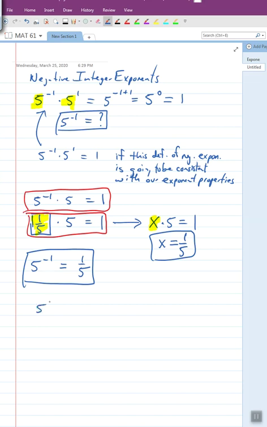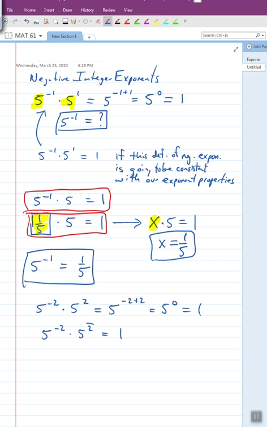Here, let's try another one. What's 5 to the negative 2 times 5 squared? Well, that should be 5 to the negative 2 plus 2, which would be 5 to the 0, which should be 1. So we're saying 5 to the negative 2 times 5 squared is 1.